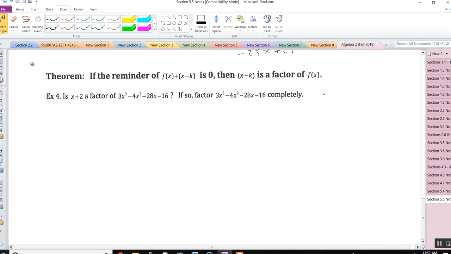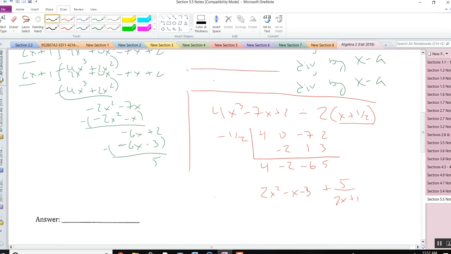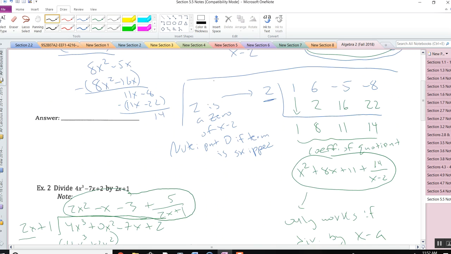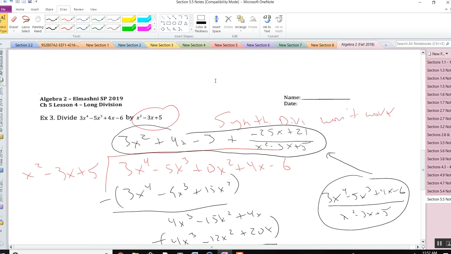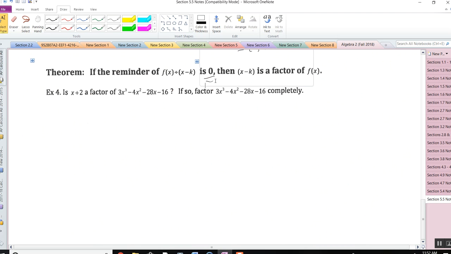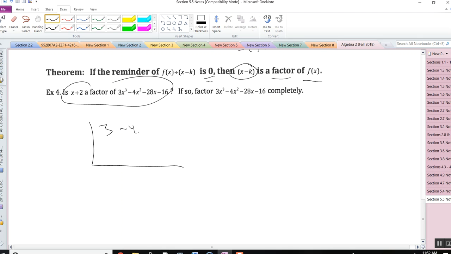One last thing before we end the video. If the remainder happens to be 0, we haven't seen that yet. Every time we've done this process, either long or synthetic, we've had non-zero remainders. But if the remainder is 0, then x minus k, whatever you're dividing by, is going to be a factor of the function you're dividing into. So for example, if this is a factor of this, let's do synthetic division: 3, negative 4, negative 28, negative 16.